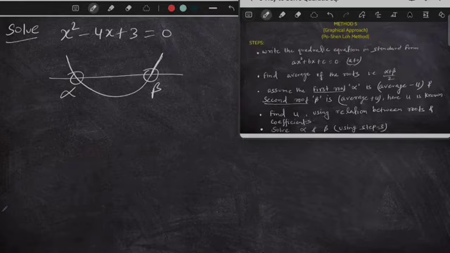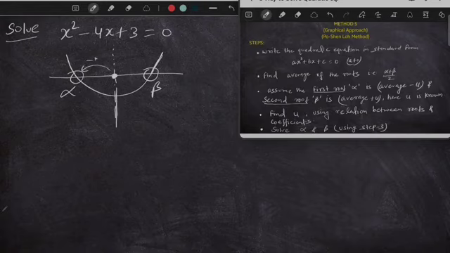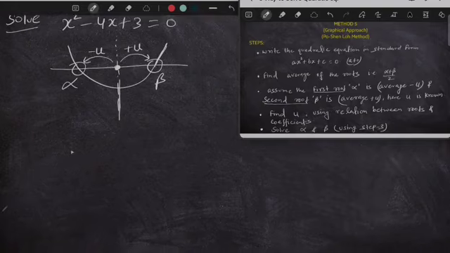If we find the average of alpha and beta, that is this point, then my alpha is average minus u and beta is average plus u. So find the average of the roots of the given quadratic equation.